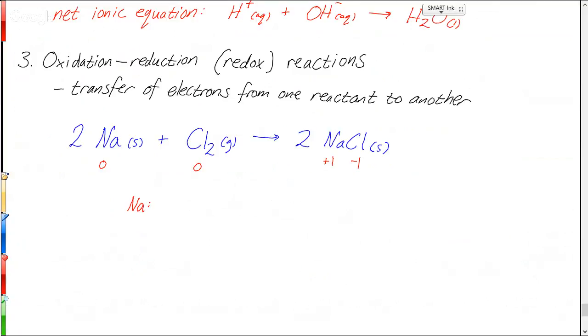Sodium in this reaction goes from Na 0 to Na+, so that means that it has lost 1 electron. Chlorine has gone from Cl 0 to Cl-, which means that it has gained 1 electron.